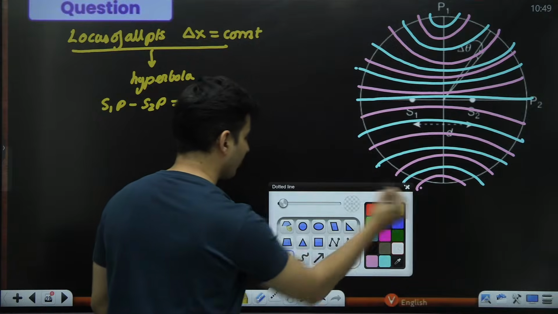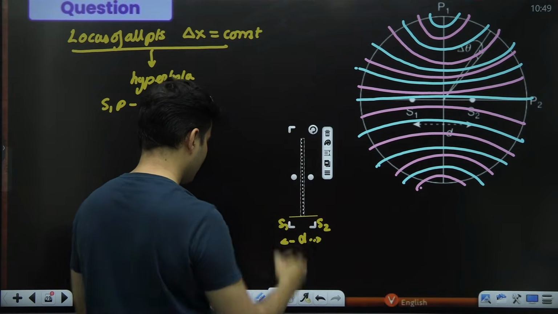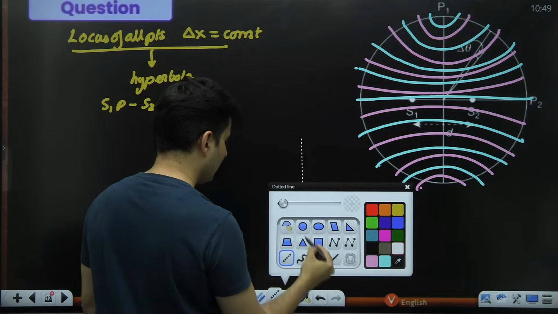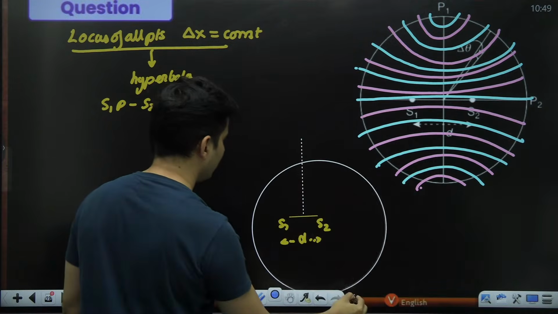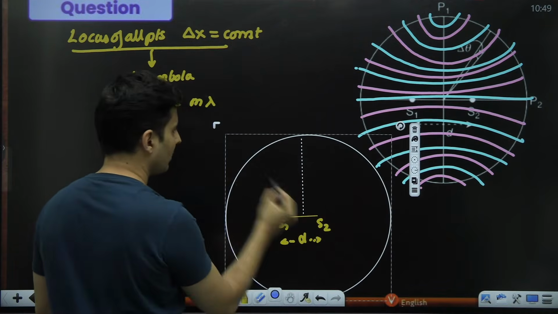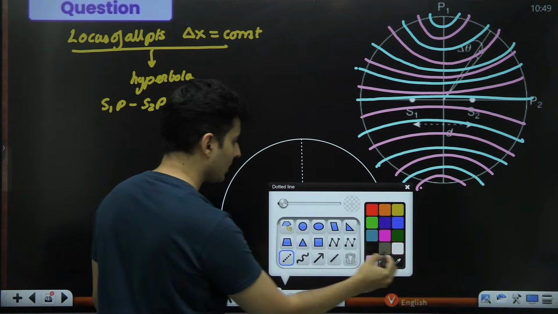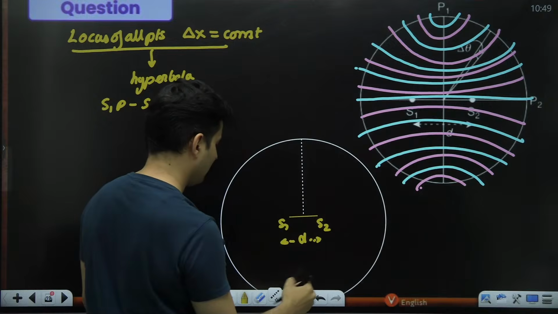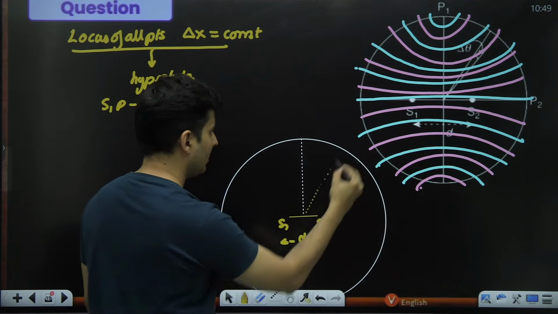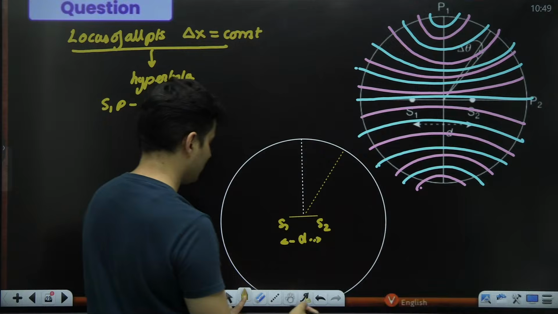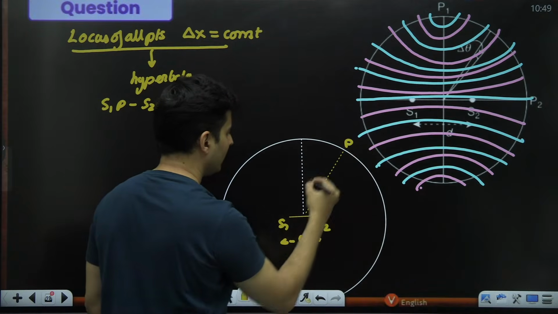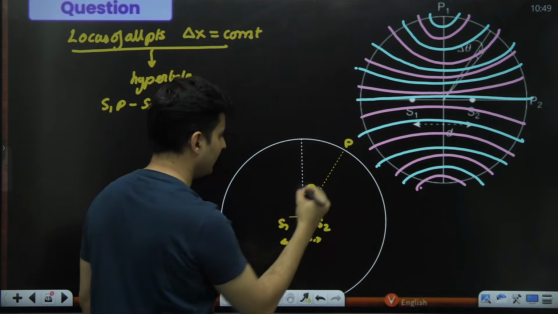If I draw a line like this, and you are essentially considering this particular circle like that, okay? If you go at, let's say, any point over here, this is some random point. Let's say this is angle theta.